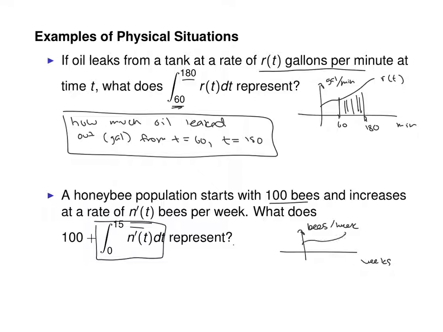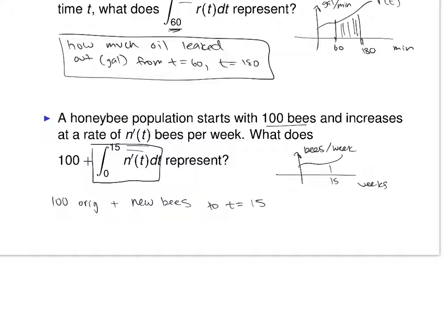What would the area under the curve be? It'd be how many new bees, right? So you have the 100 original plus the new bees. At t equals 15, this is the population.